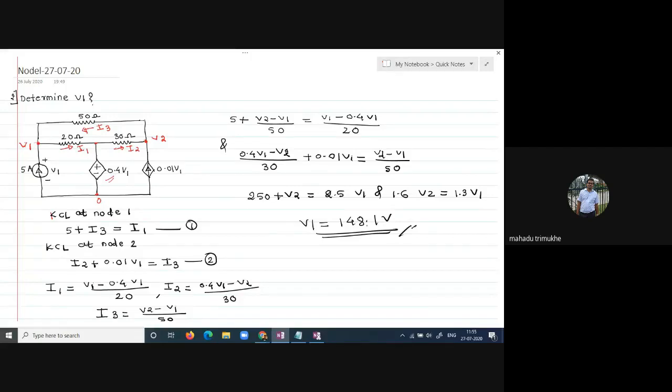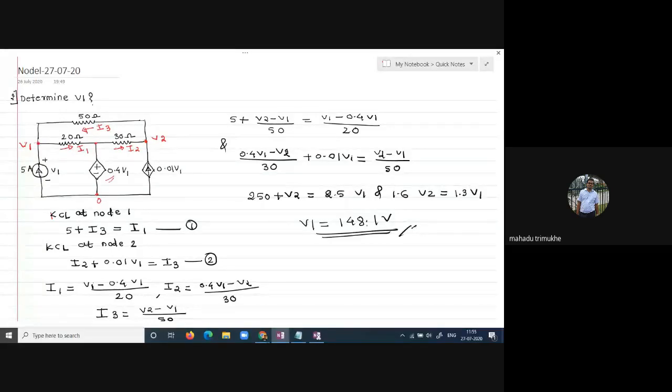We write KCL equations for all independent nodes. Next step is what? Rewrite the KCL equations you obtained previously in terms of voltage, and solve them simultaneously.